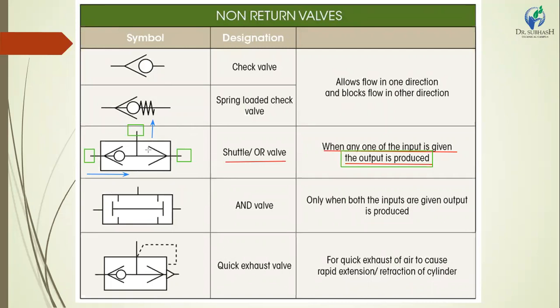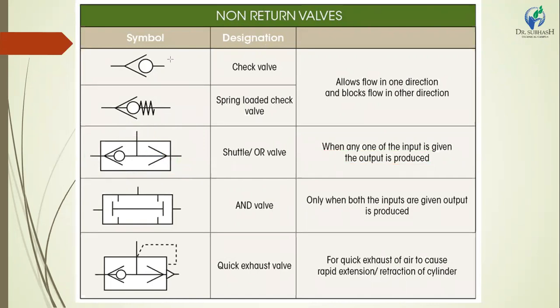If this position is blocked, when the flow enters from this point and exits from this point, only 2 ports are in working condition and the output is produced. That's called a shuttle valve. If this circle is in the center, the input from both sides and output from this side means the OR valve is in operating condition.